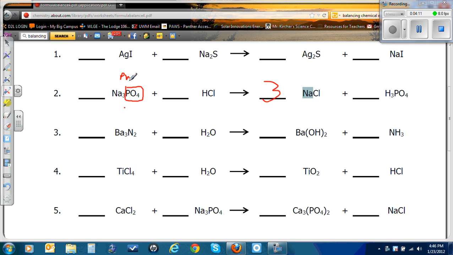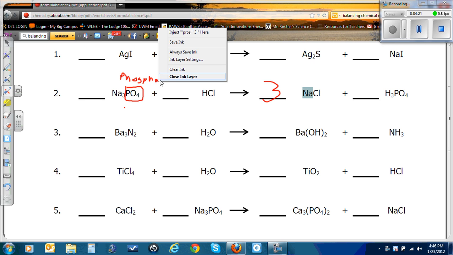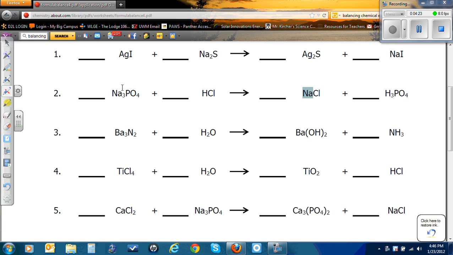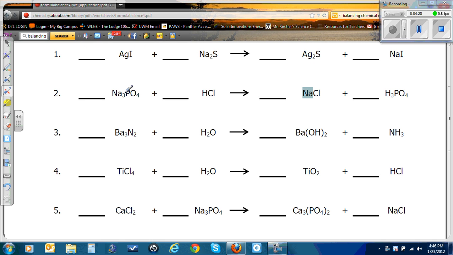Remember this from the last chapter. If you need to go back and copy down or memorize those compounds, those extensions. So, in other words, I have phosphate, and I have 1 part phosphate.